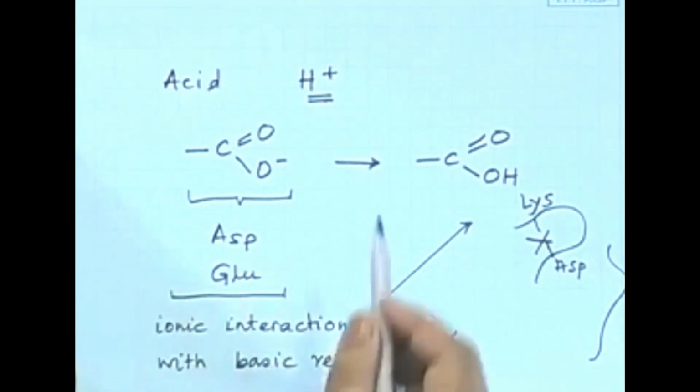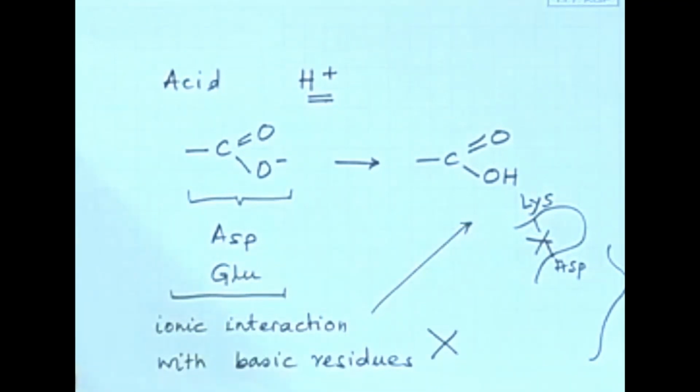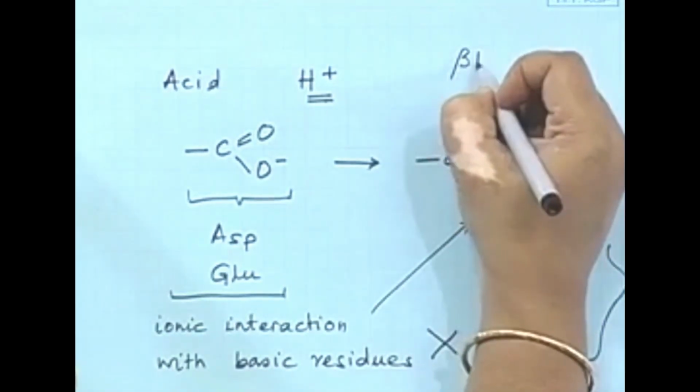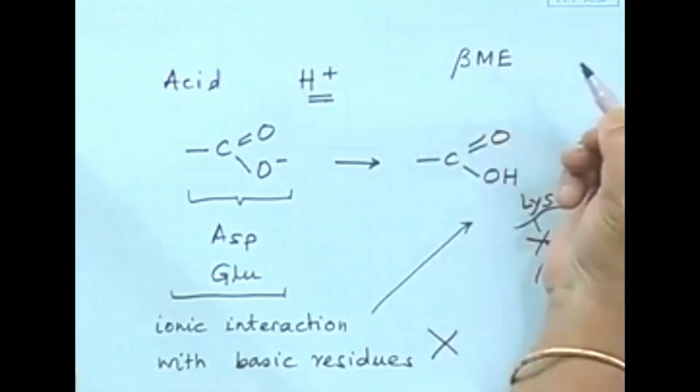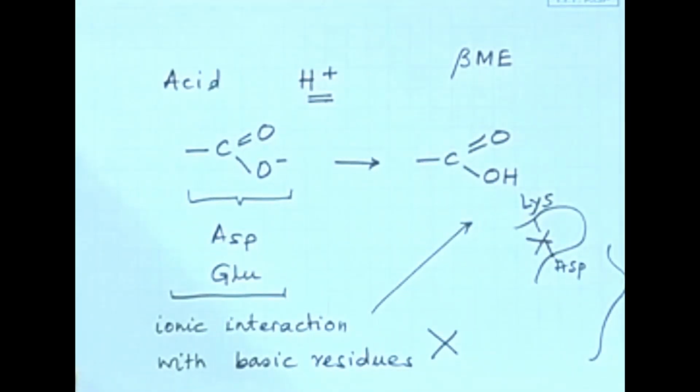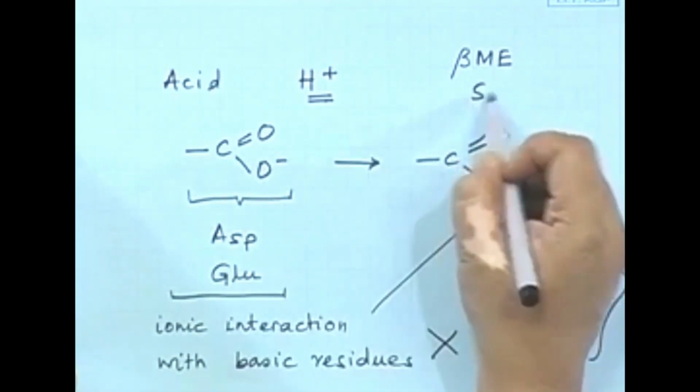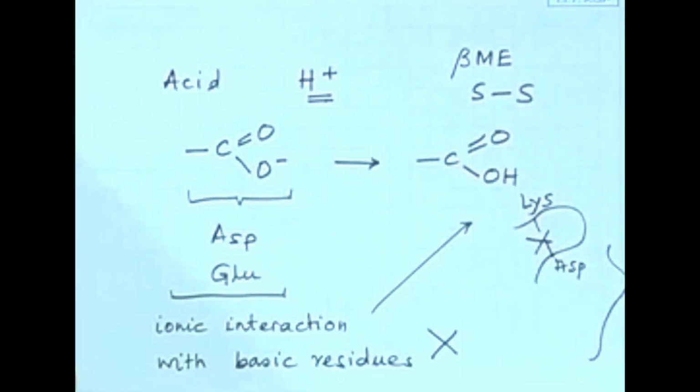So if you had a disulfide linkage, you would not actually be disrupting that unless you would put in, say, beta mercaptoethanol, or some other reagents that would break the SS linkages. Because that, you have to remember, is a covalent linkage. You are also not breaking the peptide bond. The polypeptide chain is intact.